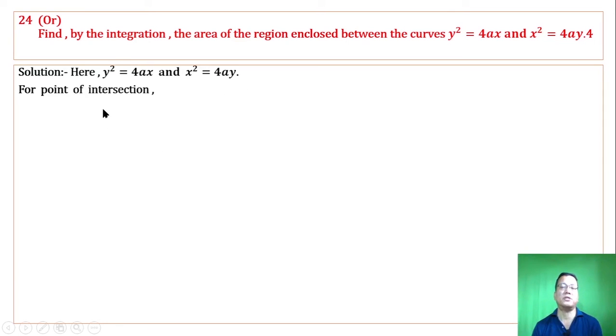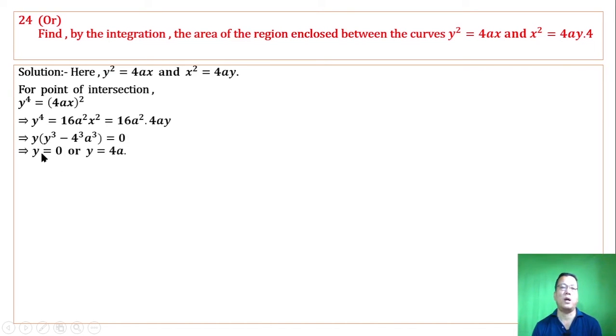For the point of intersection of the parabolas, squaring both sides, we get this. The expansion of 4ax is x square by 4a, giving 16a square, so x to the power 4 equal to 64a cube y. Factorize, and the value of y is 0 or 4a.